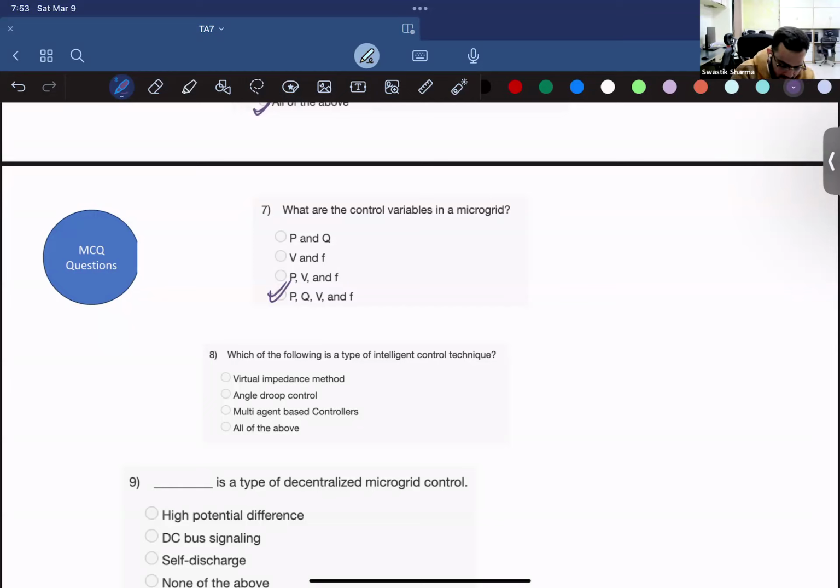So the answer is multi-agent based controllers. Here we have a multi-agent system, which I discussed at length. It has many agents working to achieve a common objective, and that is generally to maintain the power deficit or sufficiency from all of the resources.